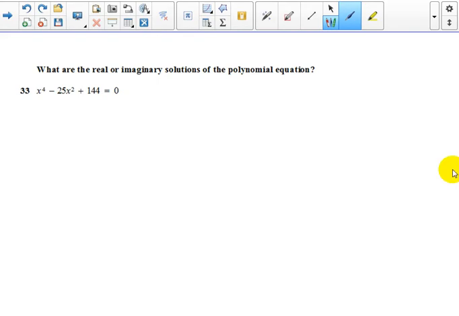For number 33, we say what are the real or imaginary solutions of the polynomial equation? Well, we're going to look at our first two terms, and they both share an x squared. Well, the third term does not, so we can't just totally factor it out of the whole equation. But we can factor it out of the first two. All right, so what we will do is use a little trick. We're just going to let a equal x squared.